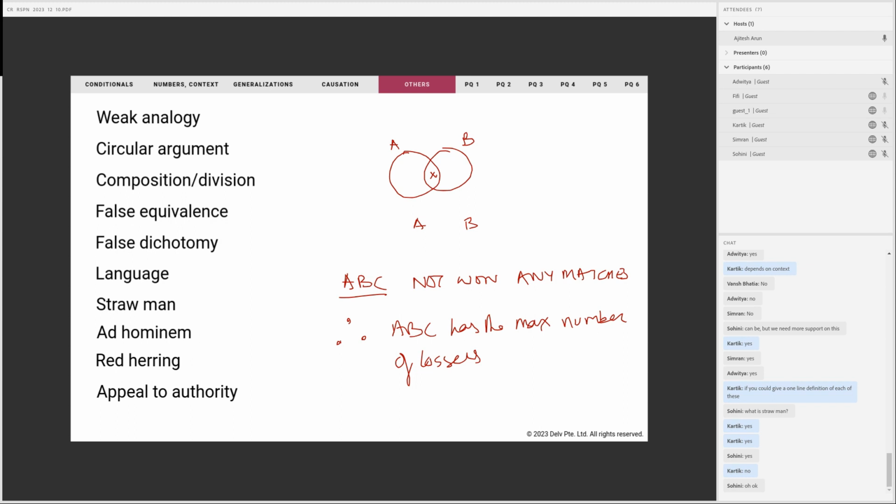Ad hominem is basically just an attack on a person. You're attacking the character of the person. An example of that would be something like someone has said that AI is absolutely not out to destroy all of us, not even in its wildest dreams. Or in the case of AI, it would be its wildest hallucinations. But somebody says that, okay, look, AI is not out to destroy us, therefore AI is safe.